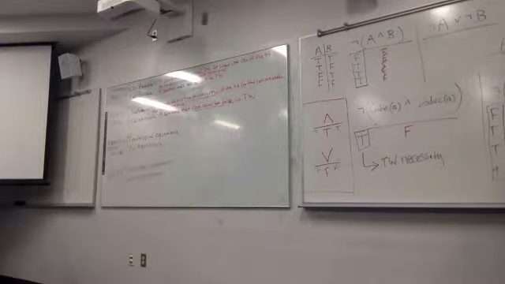Now we look at the rows, the column under the main connective for each, and we see that they're true at the same time and false at the same time. So they're tautologically equivalent. What about a Tarski's world equivalence?